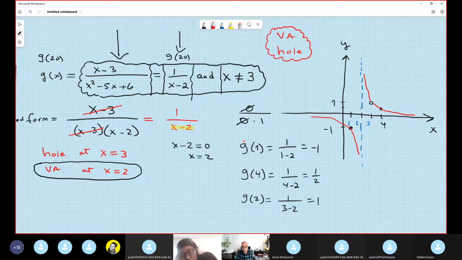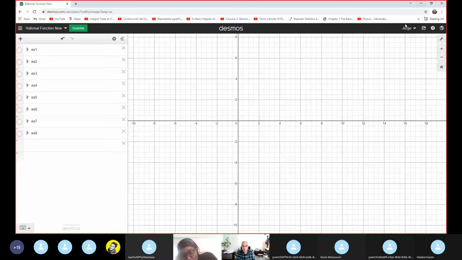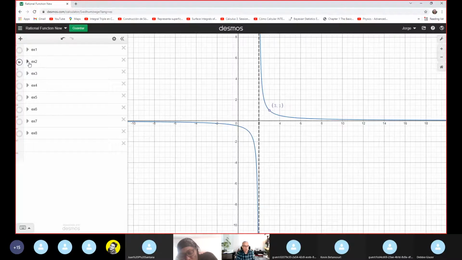Okay, let me show you the same graph in Desmos now for you. Let me share Desmos. Switching to Desmos. You see or no? Example 2. Boom. Look at that.